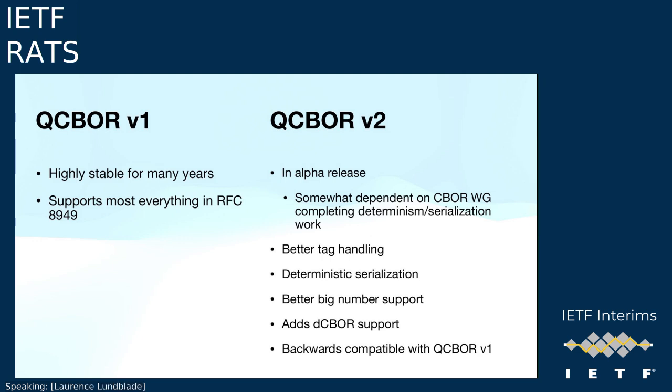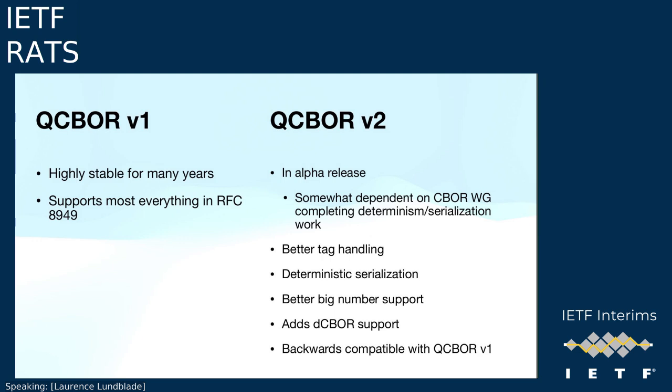QCBOR v2 is out there in an alpha state. Completing that is somewhat dependent on the CBOR working group completing the determinization and serialization work that's related to the CDE draft, because a major addition in QCBOR v2 is handling the serialization variation. Another big thing in QCBOR v2 is better handling of CBOR tags.